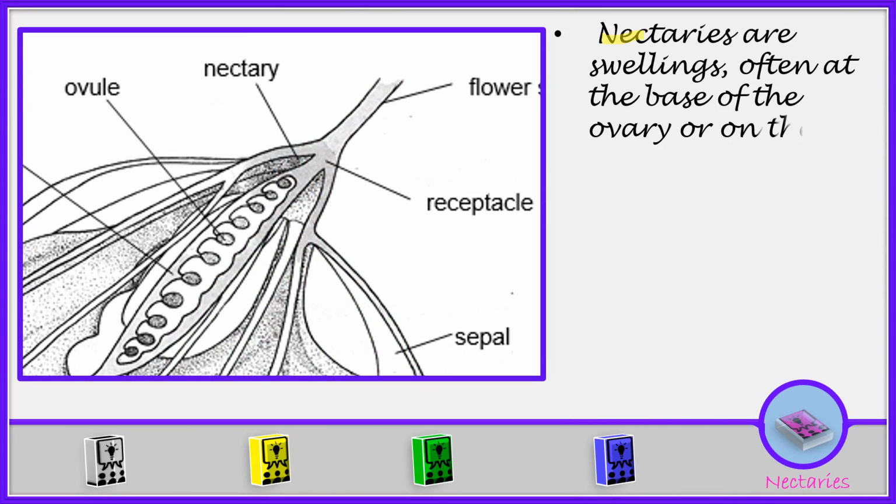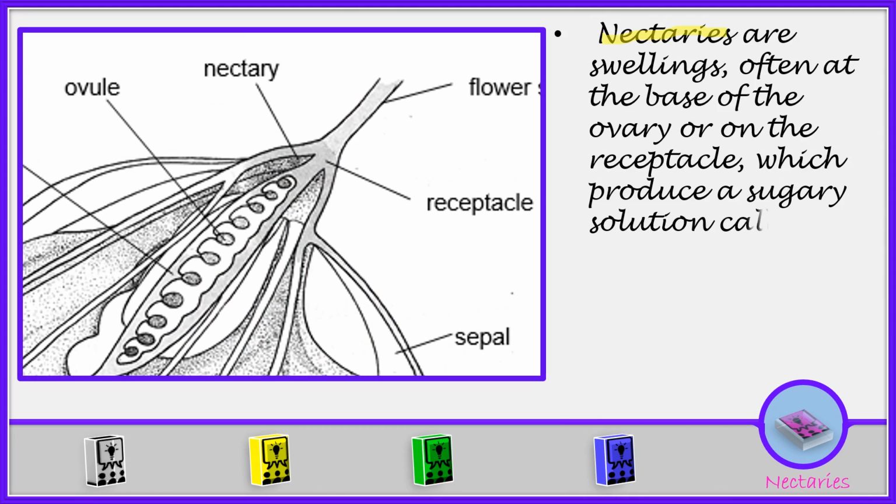The nectaries are swellings often at the base of the ovary or on the receptacle, which produce a sugary solution called the nectar.